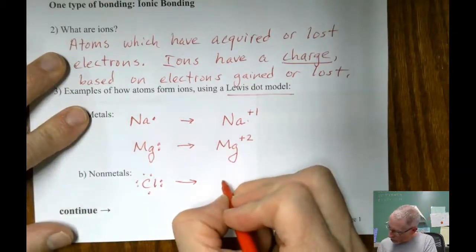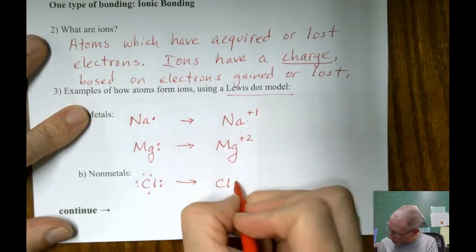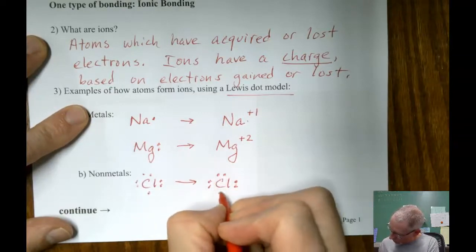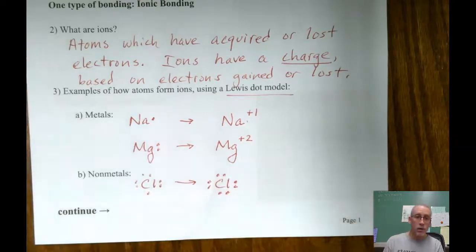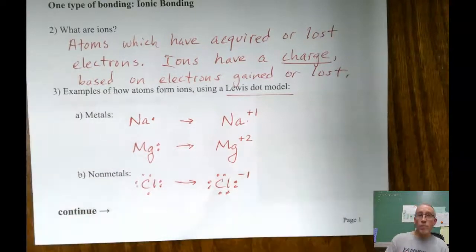And so we actually have 8 dots on the nonmetal ion symbols. It takes on that 1 extra electron that it gets from somewhere, and in the process, because it now has more negative charge than when it was neutral, it has a -1 charge. Okay.